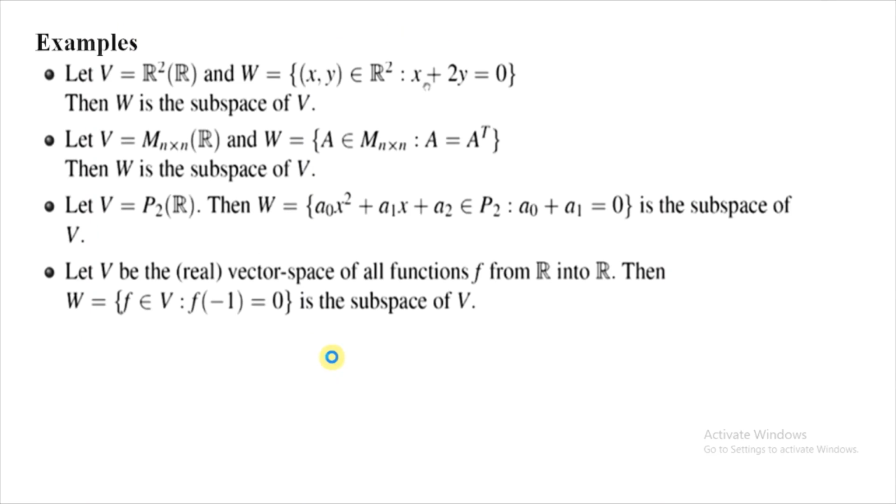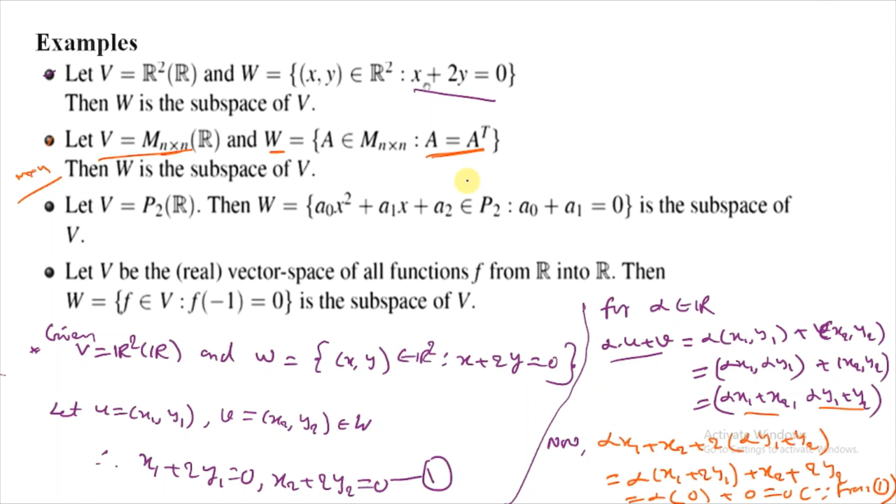Now you can also check if W is the set of skew symmetric matrices, A equals minus A transpose. This also satisfies addition and scalar multiplication. That means the set of all skew symmetric matrices is also a subspace of the vector space. So now you can go for this one, P2, another way. These are also two subspaces, as I already mentioned. How to check this one?